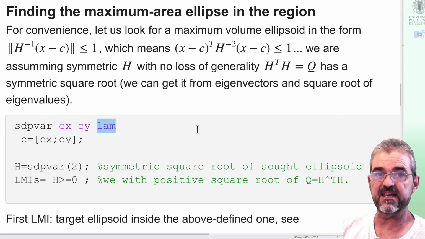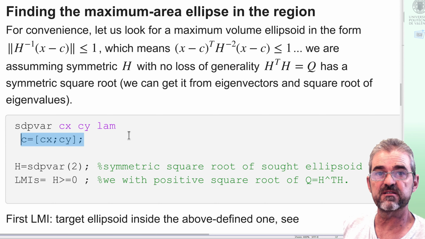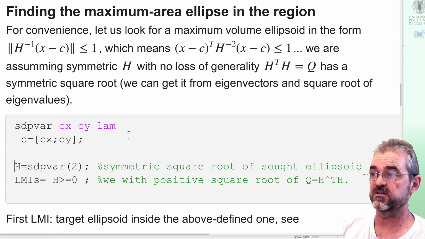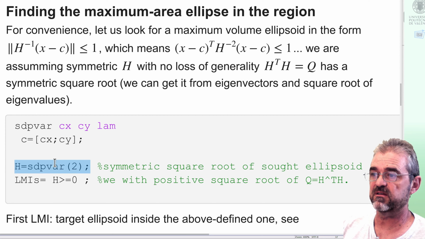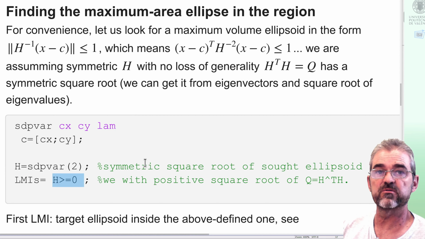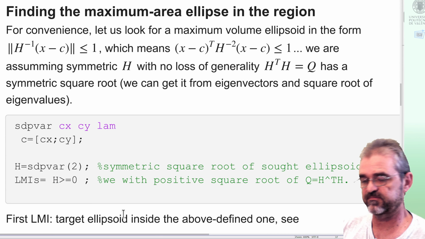We will need also a scalar, sort of Lagrange or Karush-Kuhn-Tucker multiplier, to be also a decision variable. So this is the ellipse center, and the shape matrix will be a symmetric 2 by 2 matrix, and I wish the positive square root, so my first LMI will be H being positive semi-definite at least.